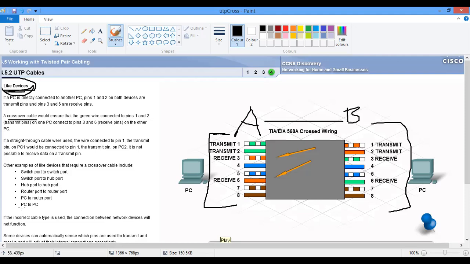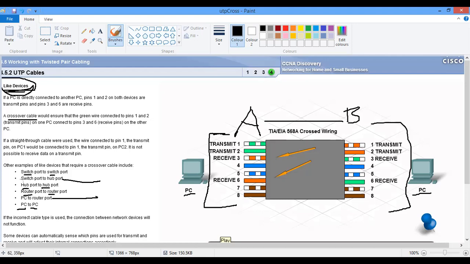When you are connecting from a PC to another PC, or switch to switch, or hub to hub, or router to router.